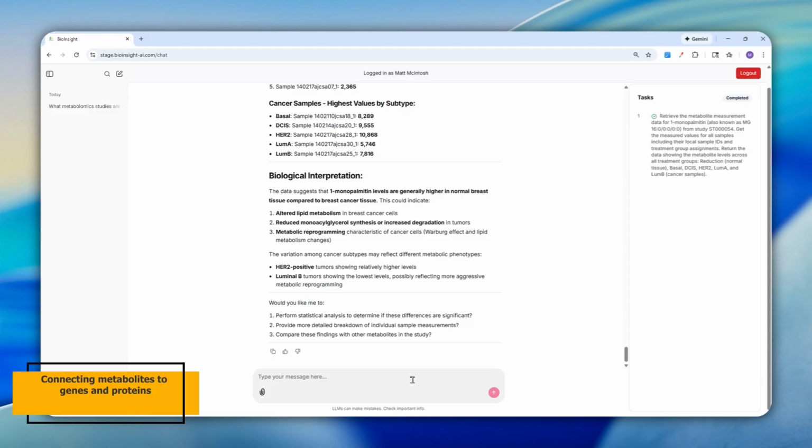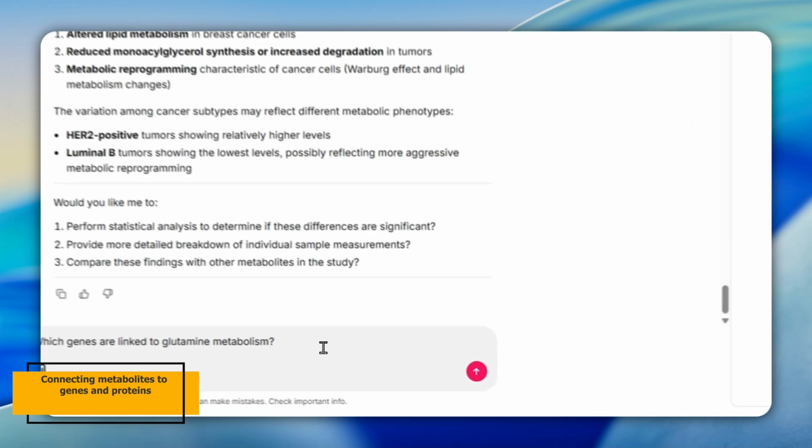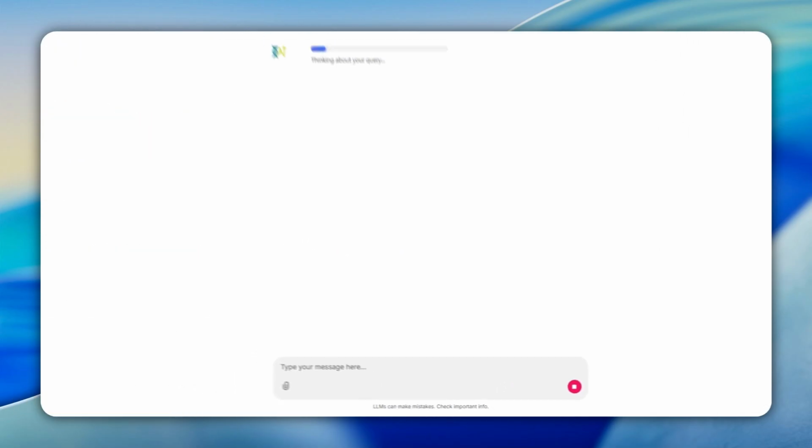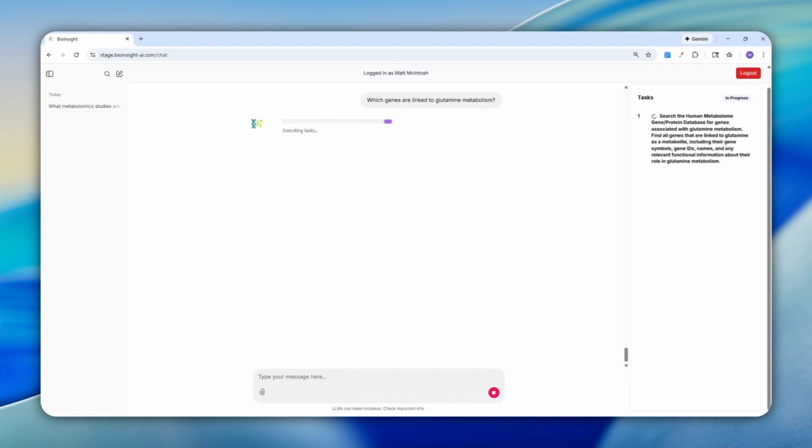Metabolomics is most powerful when connected to upstream enzymes and pathways. So I ask, which genes are linked to glutamine metabolism?